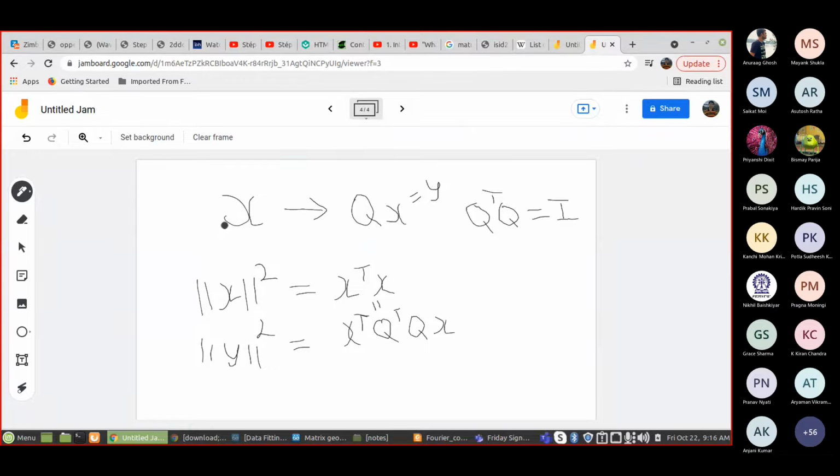So the length of the vector does not change if you multiply it by an orthogonal matrix.